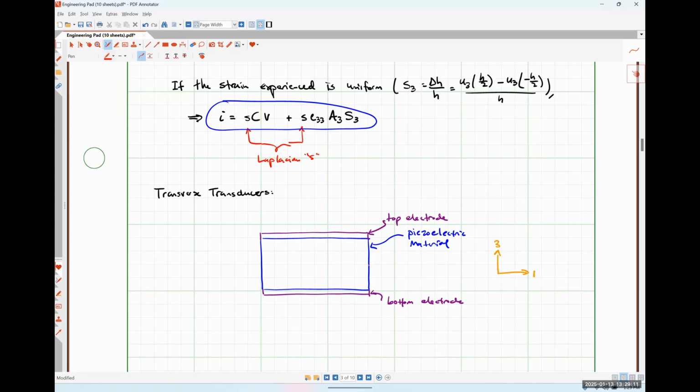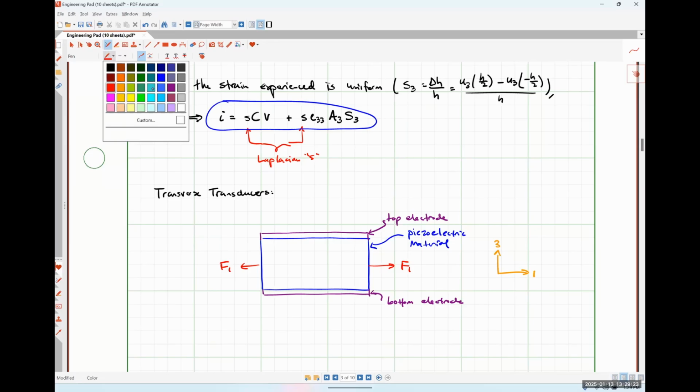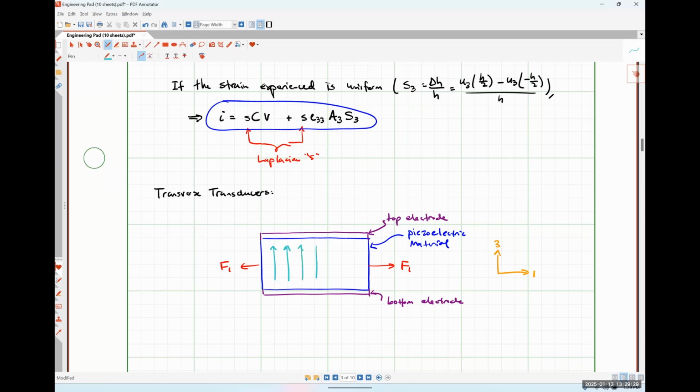If I apply a force in the 1 direction, meaning I try to extend this thing, I'm going to wind up with an electric displacement field, once again, oriented vertically. Where this is, goodness, that does not look like a D. D3.